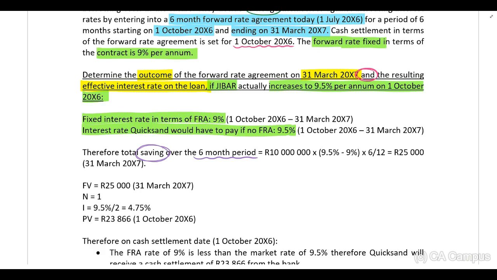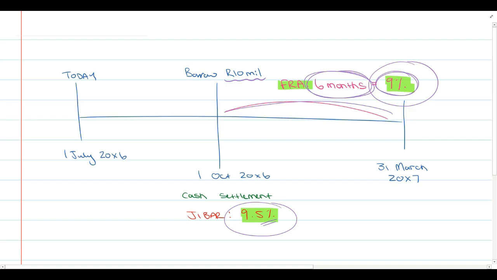So calculate what that saving is. It is a 25,000 rand saving. Please note that is the saving on the 31st of March 20x7. So on the 31st of March 20x7, we have a saving of 25,000 rand because of this forward rate agreement.